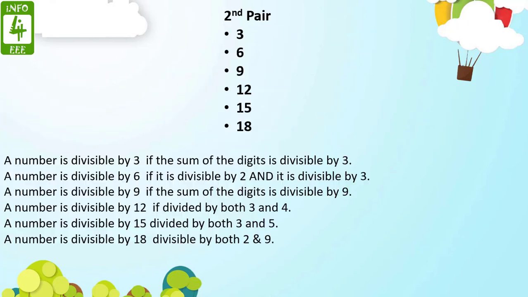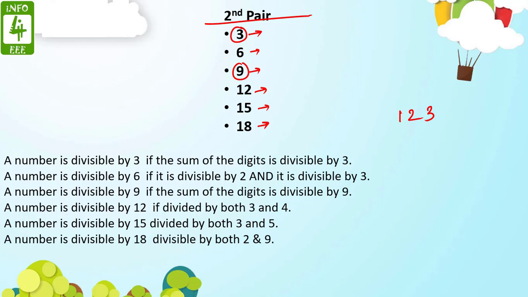Let's see the next pair. The second pair is for 3, 6, 9, 12, 15 and 18. For 3 and 9, what you need to do is sum all the digits and check whether the sum is divisible by 3 or 9. What do I mean? Suppose we have the number 123 and need to check whether it is divisible by 3.